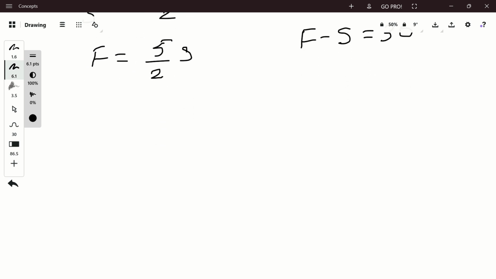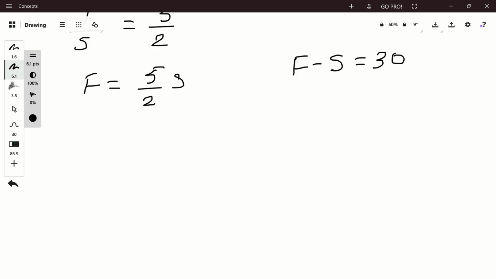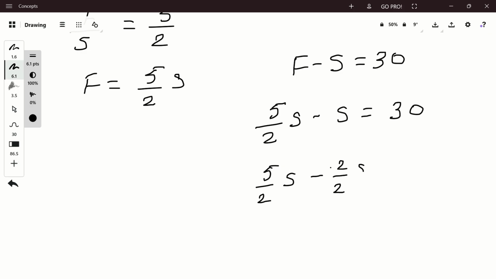Substituting the expression for F from step 1 into the equation from step 2, we have 5 by 2 S minus S is equal to 30. That is 5 by 2 S minus 2 by 2 S is equal to 30.